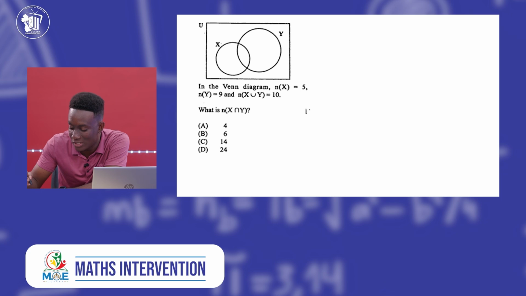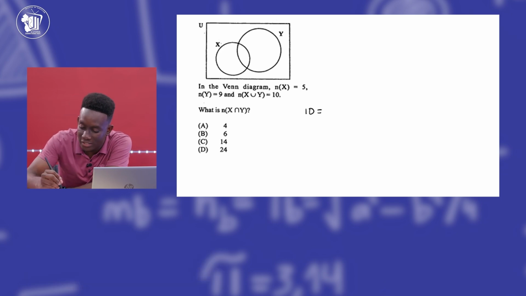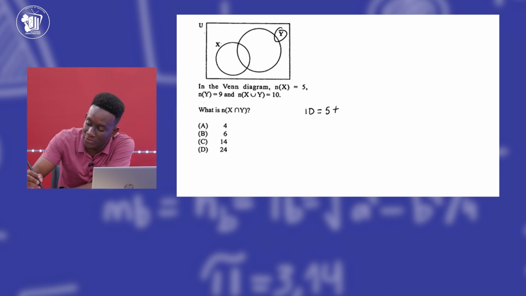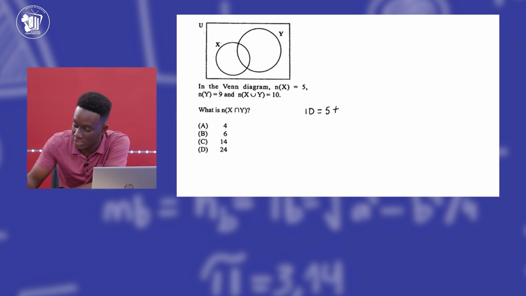The number of elements in the union, which is 10, is equal to the number of elements in the first set, which is 5, plus the number of elements in the other set, Y, which is 9, minus the intersection. Let's say the number of elements in X intersect Y.